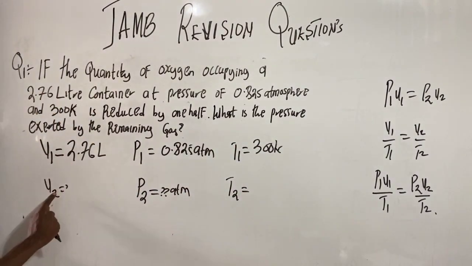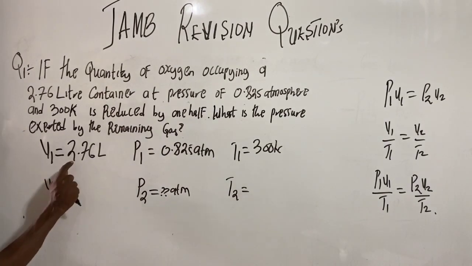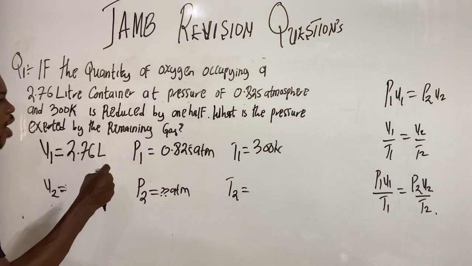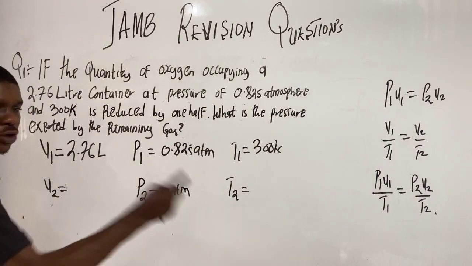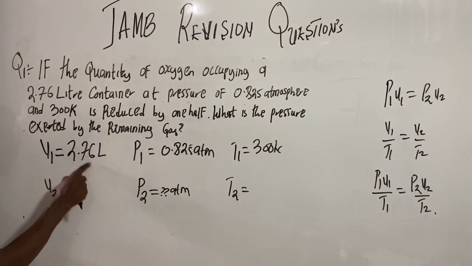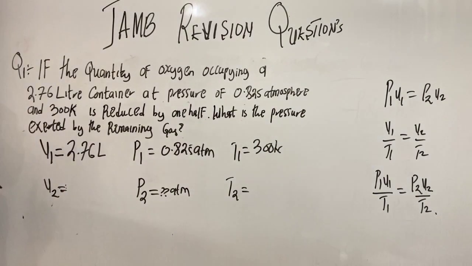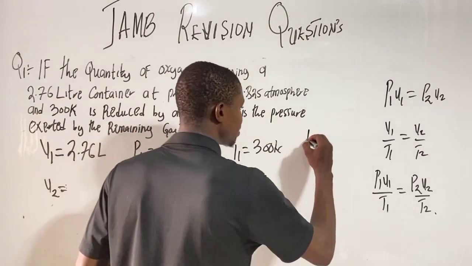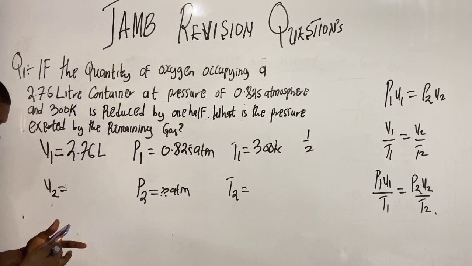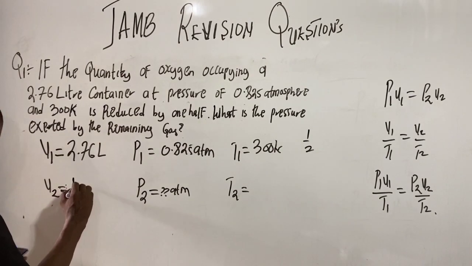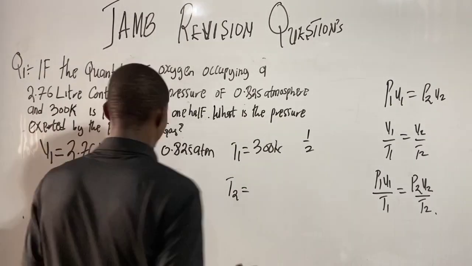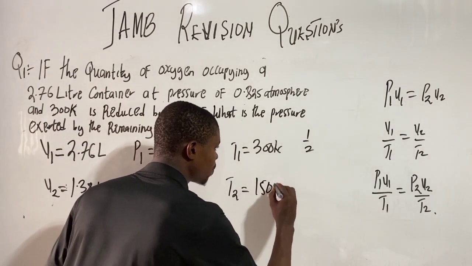So for me to get V2, I will divide this one by 2, because the statement says it is reduced by half. Do you get that? 2.76 divided by 2, half is this. So if I do that, I get 1.38 liters.